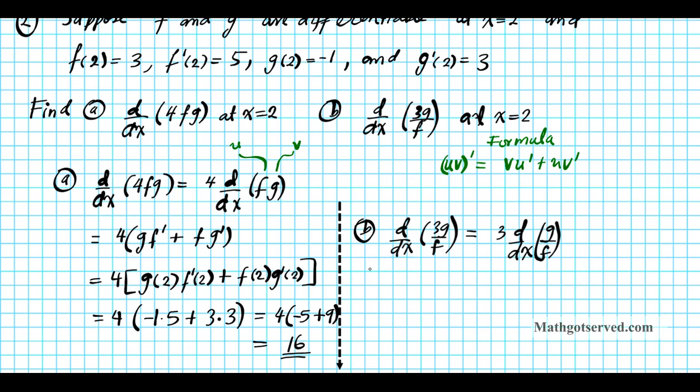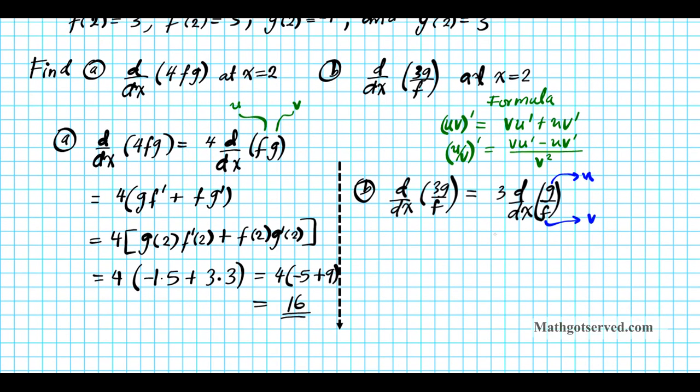We're going to make use of the quotient rule. Okay, so remember what your quotient rule is. u over v prime is equal to v u prime minus u v prime divided by v squared. In this case, g is your u, and f is our v.